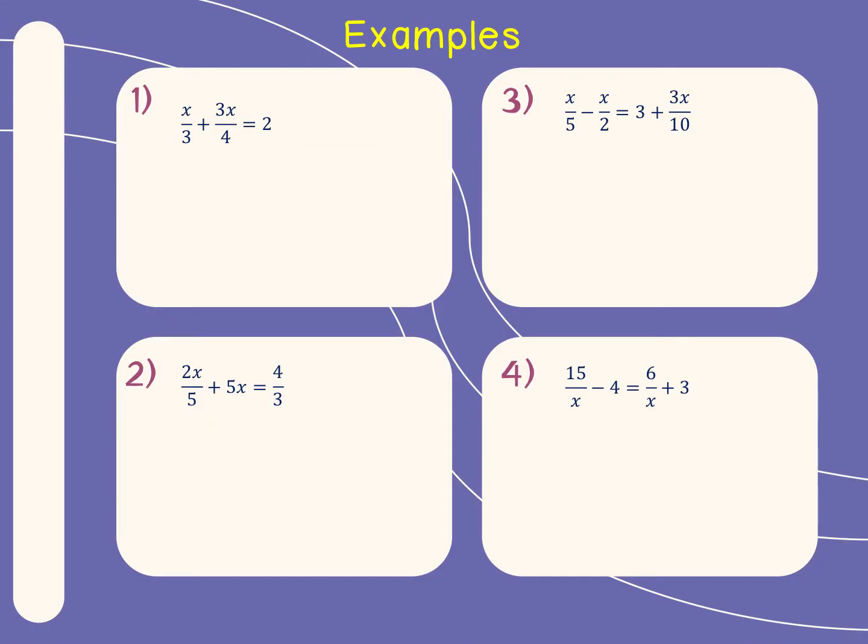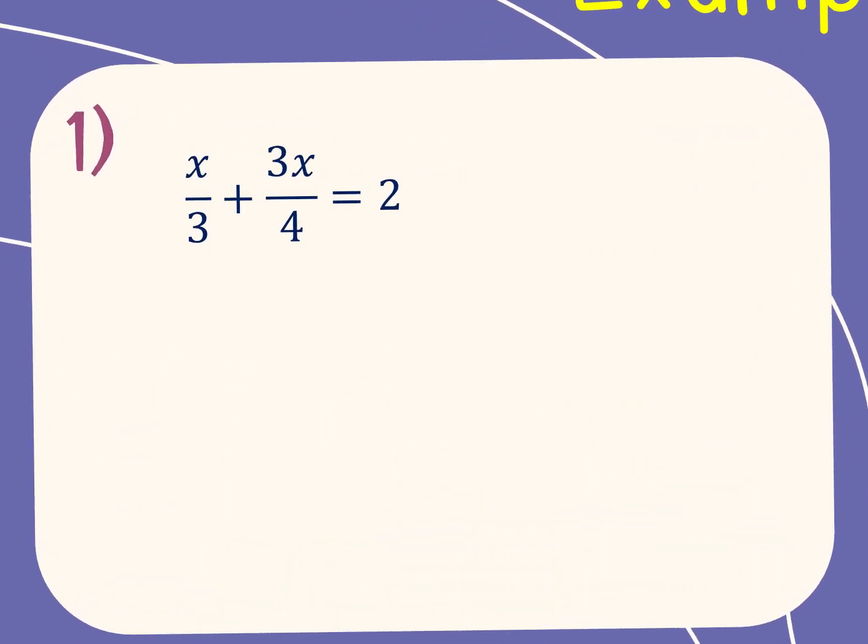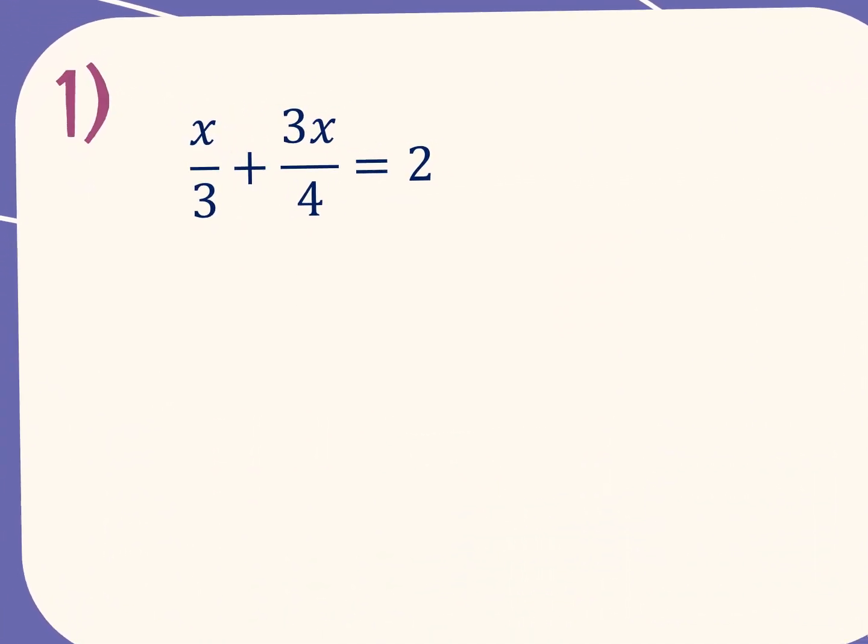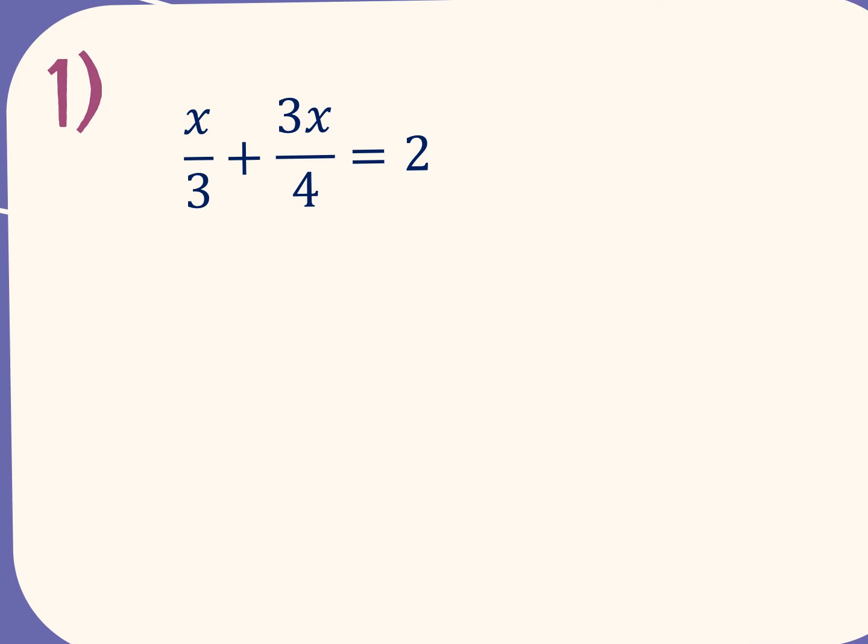So for the first one, notice there isn't a variable in my denominator, so I'm not going to have to check. Now remember, just like before in 1.2a, once you get what x equals, you can always plug it back in. I'm going to find my common denominator, or my LCD, between 3 and 4, and that's going to be 12.